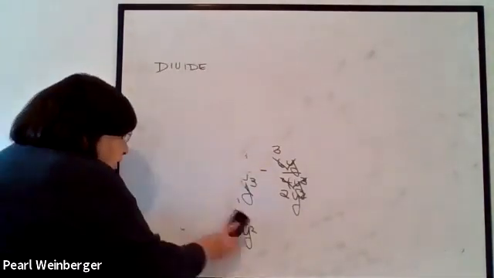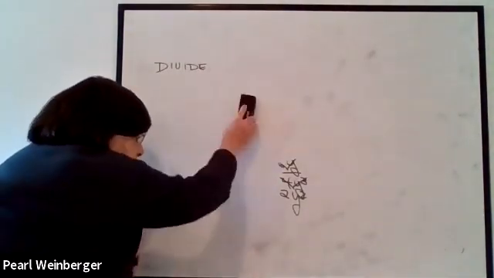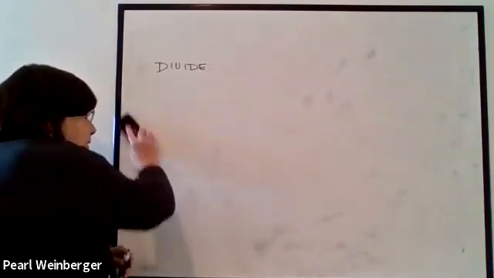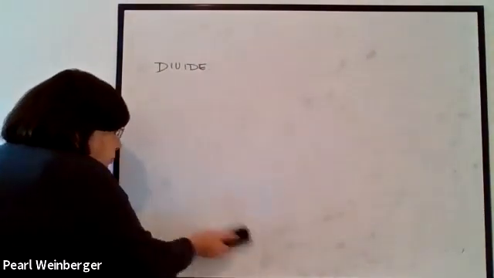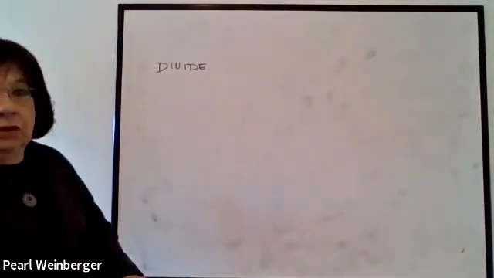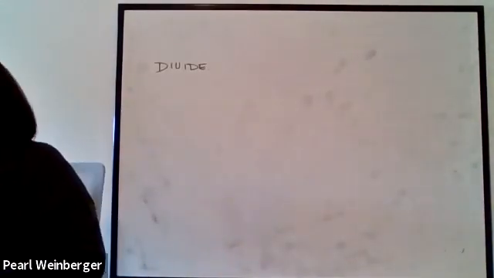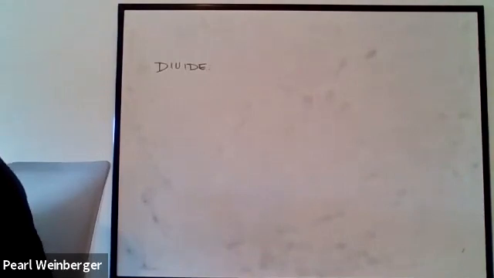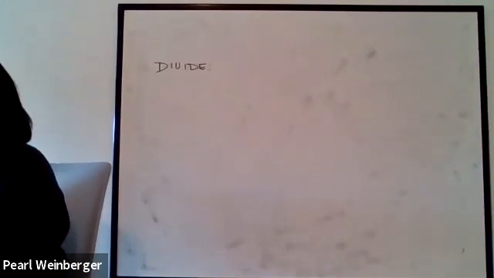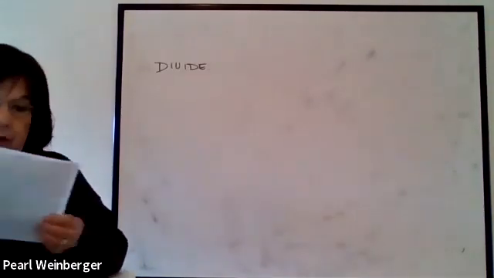So the last thing on chapter 5 is dividing a polynomial by a polynomial. We're not going to divide by anything more than a binomial. So basically, we're dividing a polynomial by a binomial.